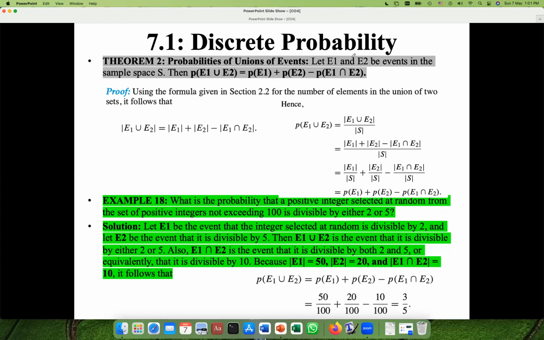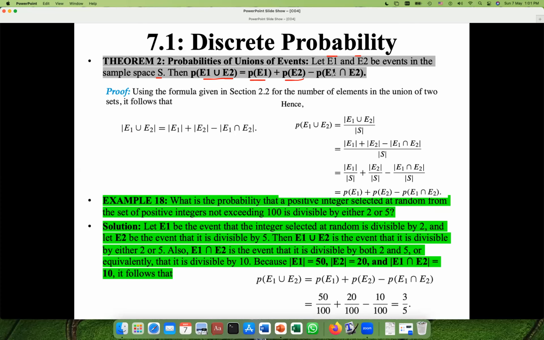So the statement of the theorem is: suppose E1 and E2 are events in the space. Then this theorem says that the probability of the union of those two events, E1 union E2, is equal to the probability of E1 individually plus the probability of E2 individually.